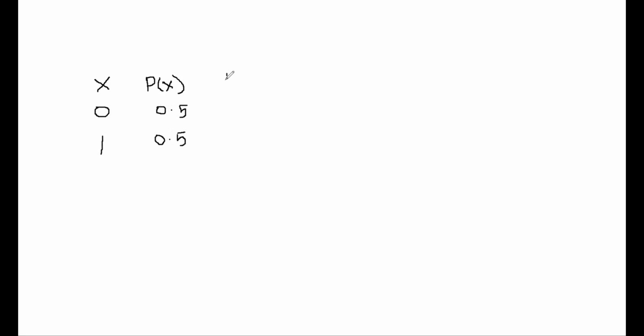Now they have asked us to calculate the cumulative probability distribution. Cumulative probability distribution is f of x. And how did we do it? The first probability will stay as it is. So the first f of x will be 0.5.